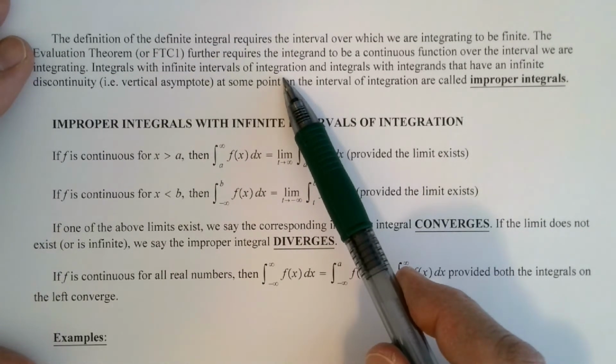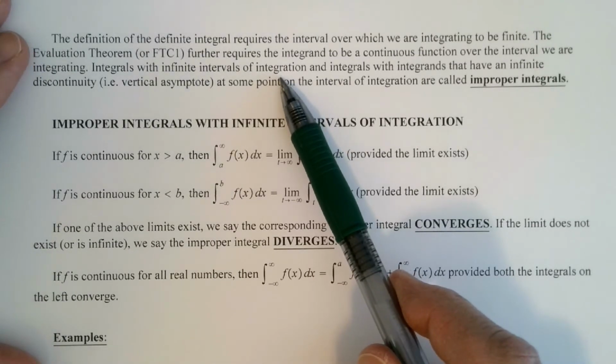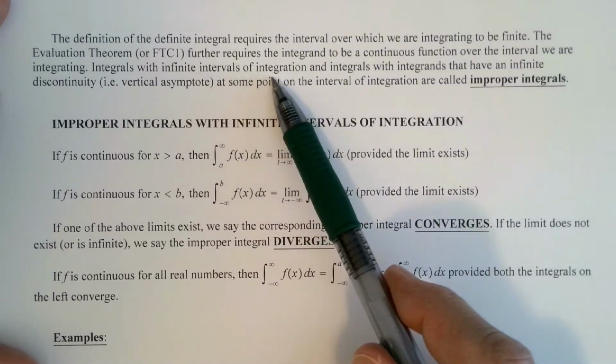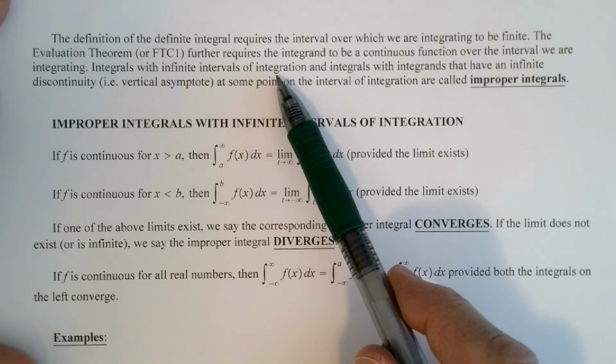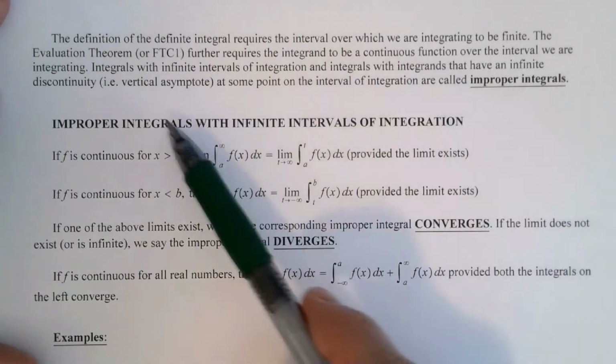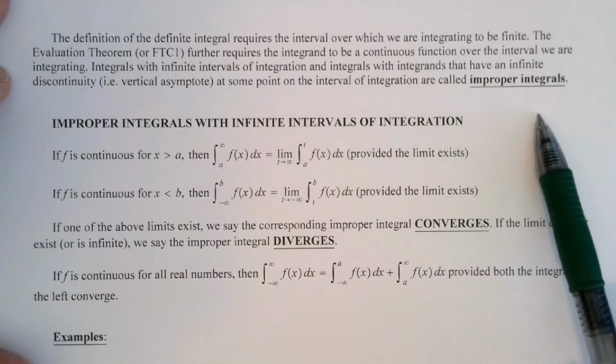Well, it turns out there's lots of application for that in probability theory, models that are used to calculate probabilities of events occurring, and other such applications. But we're going to look at integrals with an infinite limit of integration, and then integrals that have an integrand that has an infinite discontinuity or vertical asymptote. So these are what we call improper integrals.